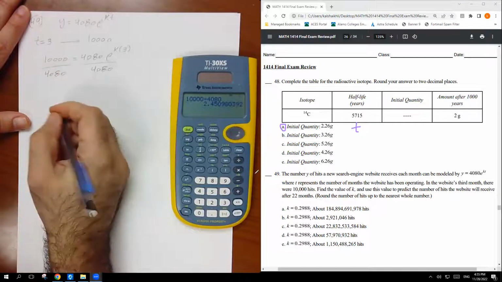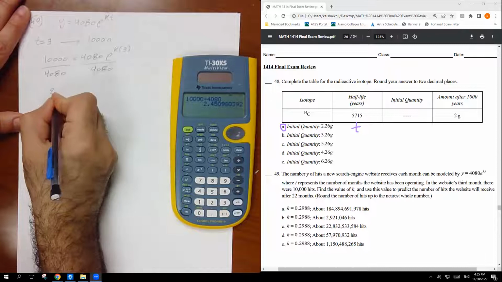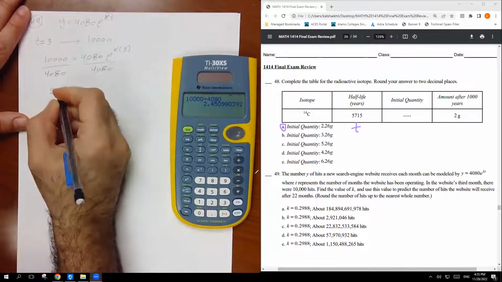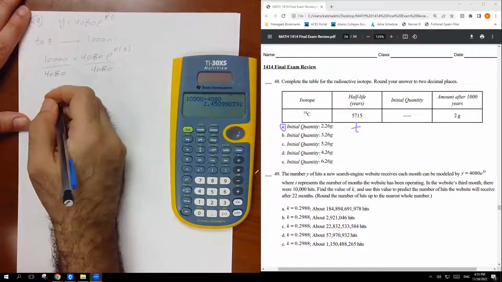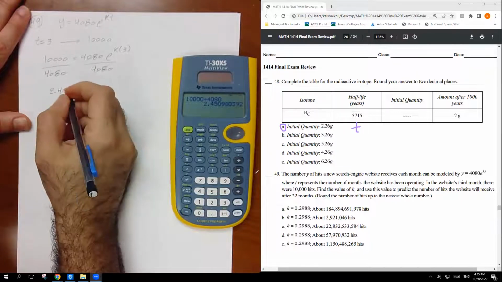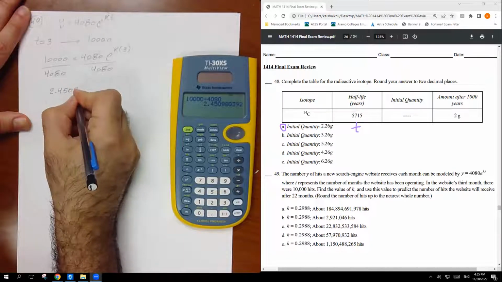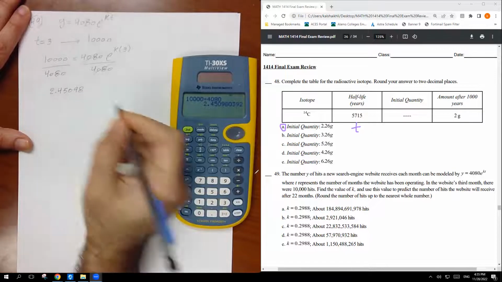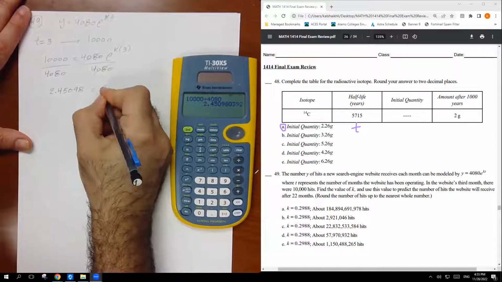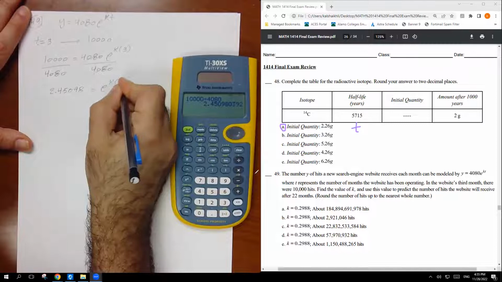Cancel here. So we're going to get 2.45098 equals e^(k times 3).